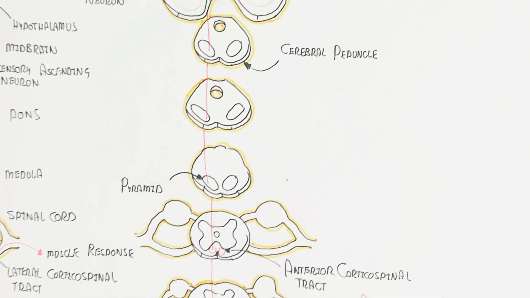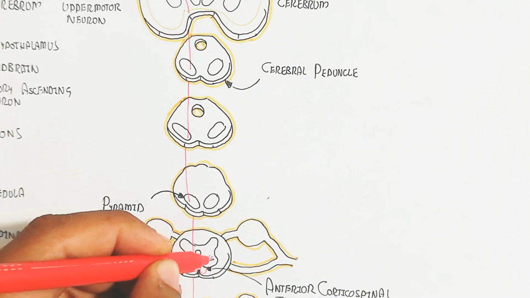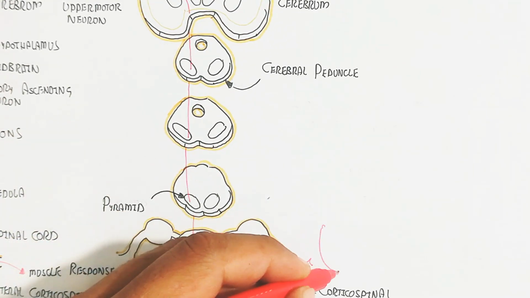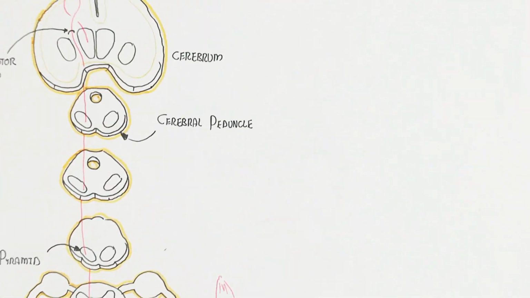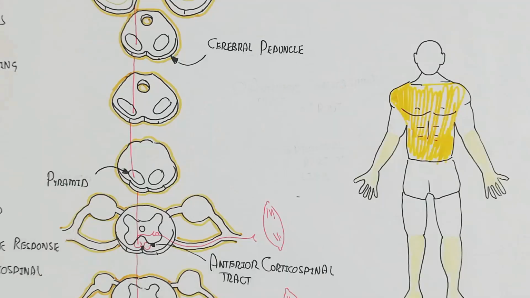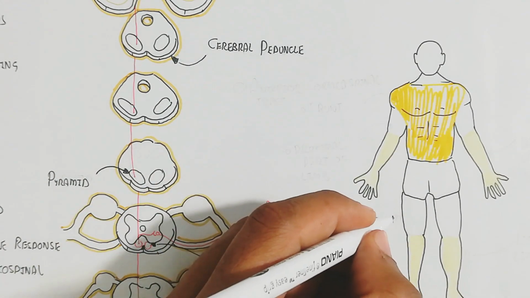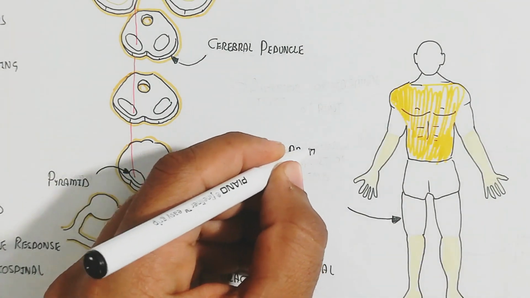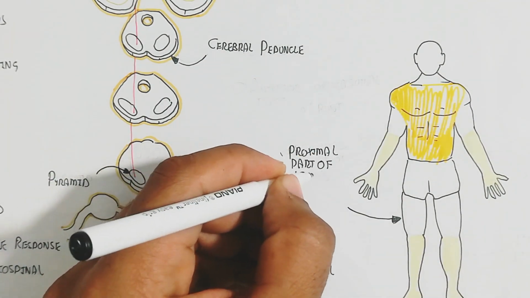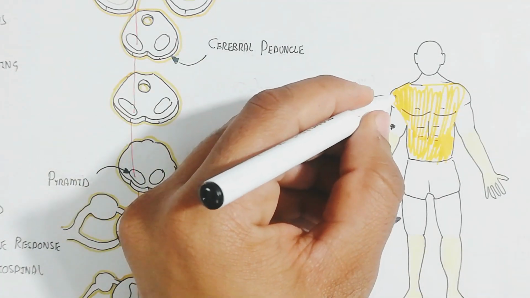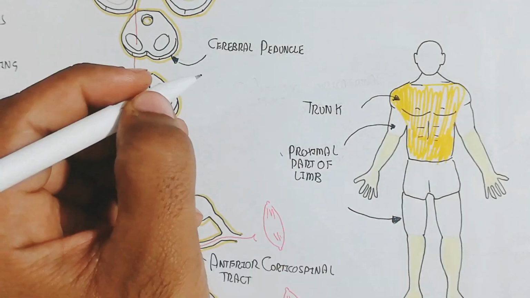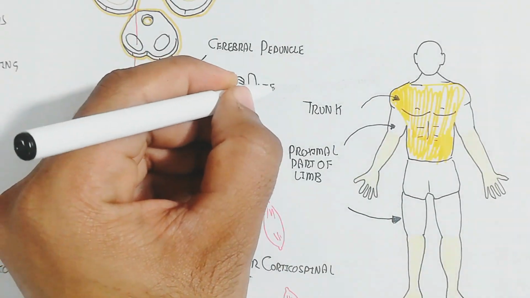Anyway, let's understand where the anterior and lateral corticospinal tracts interact. The lateral corticospinal tract controls the distal part of the limb.